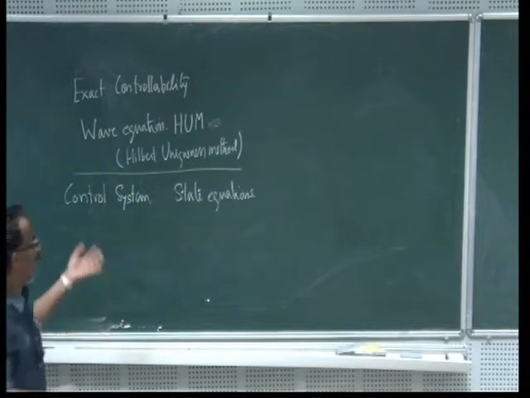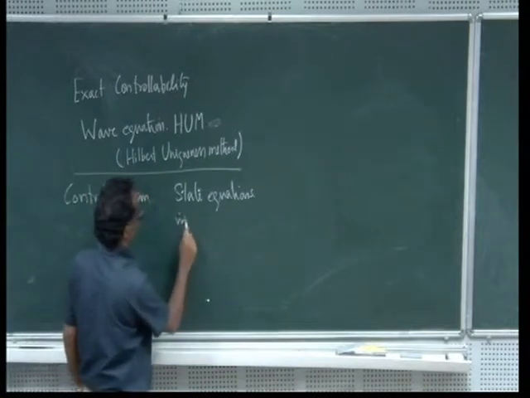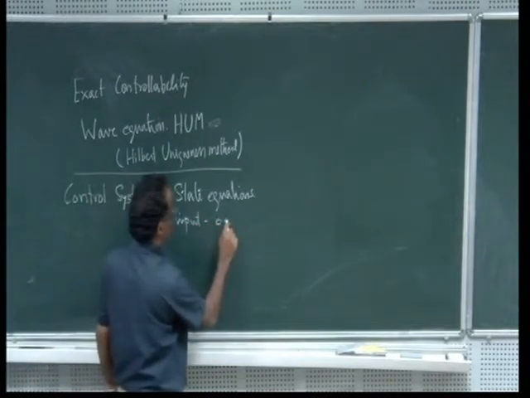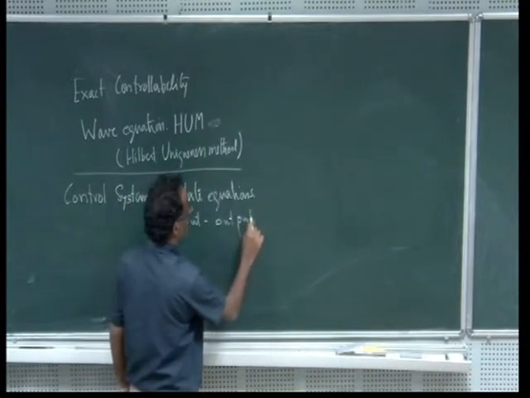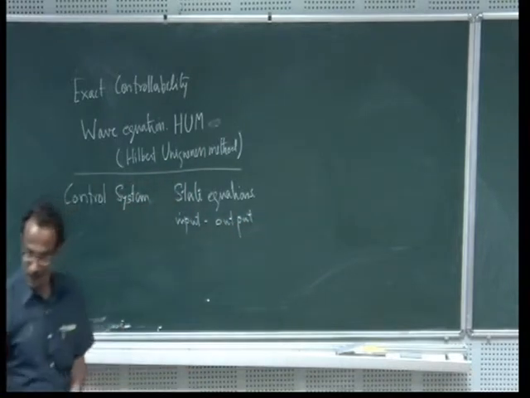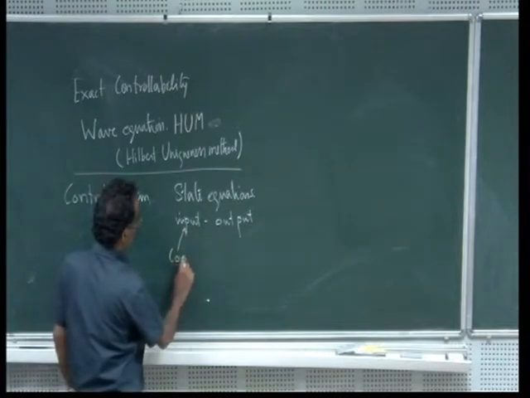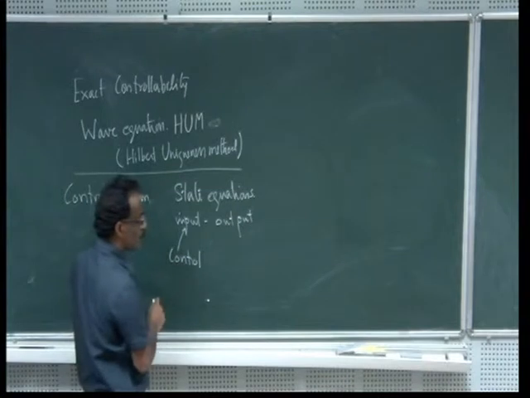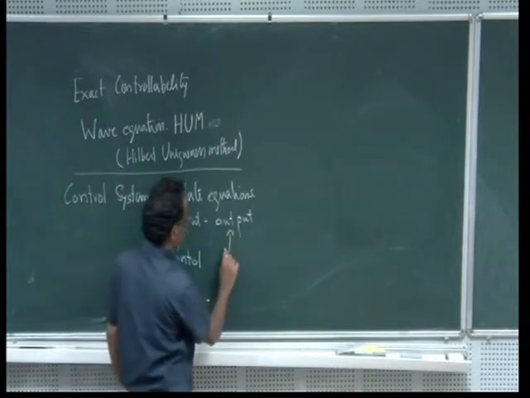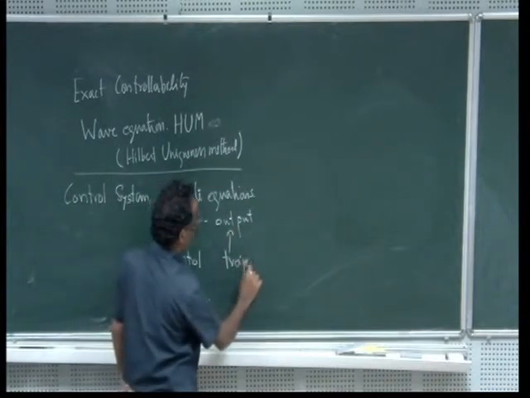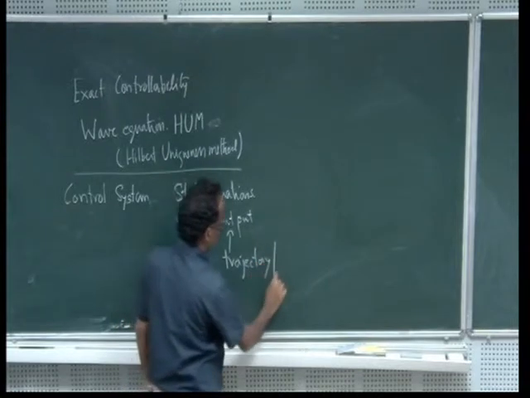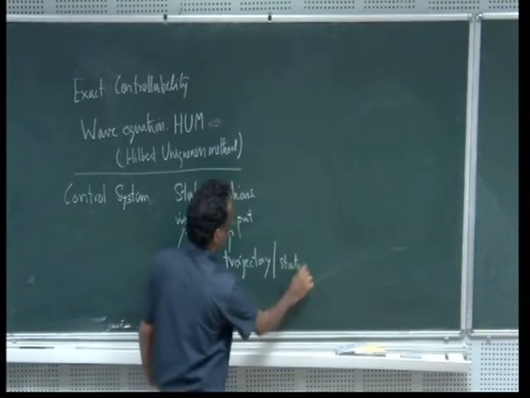You can view it as an input-output system. What's the input? Input is basically the control. So state equations will consist of control, and output is your trajectory or state. You can always call it a state of the system.